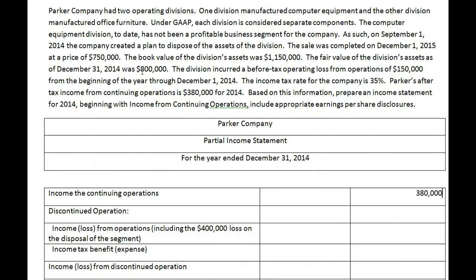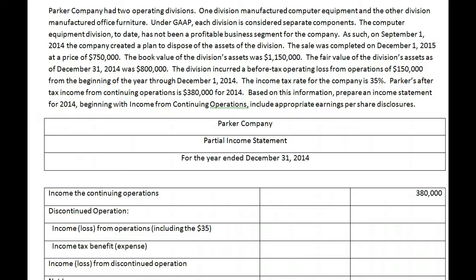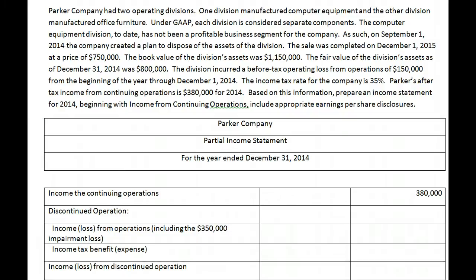So if you look at that, the book value of our assets is $1,150,000. Look at the fair value of those same assets and we see that it is $800,000. So that means it is impaired. So in that case, we have to show on here that this includes a $350,000 impairment loss. We do have to include that. So what would we do?